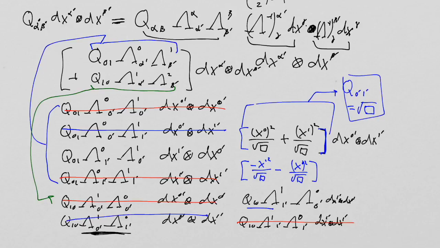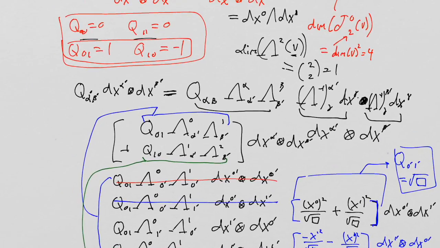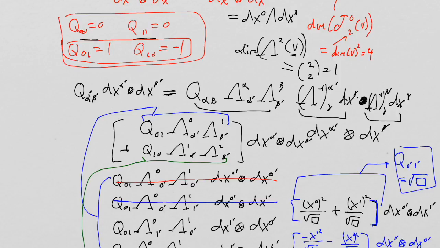So I get this, and then that is the component of dx1 prime dx0 prime. So it's q 1 prime 0 prime equals, and then when you do the algebra on this, you get minus square root box, right? Minus root box. Phew. So after all that, we end up with this.